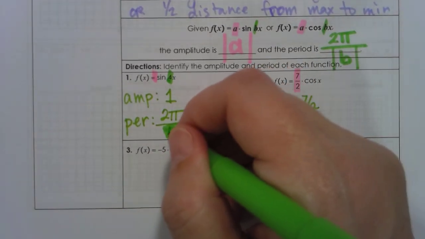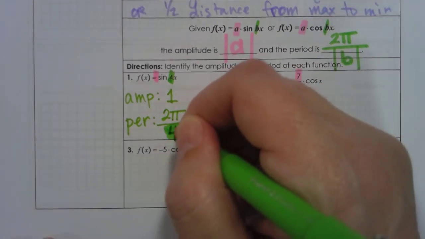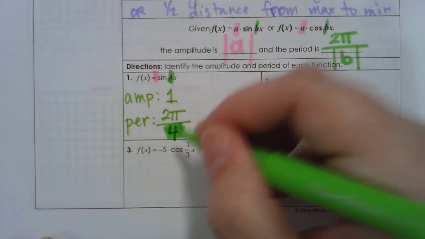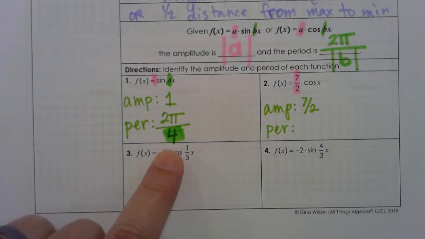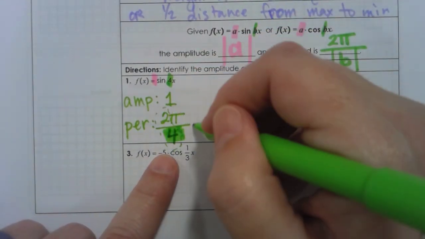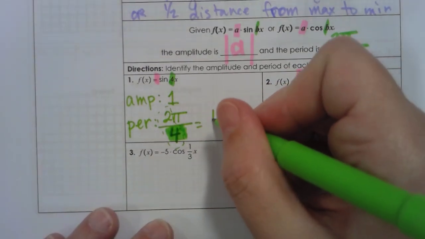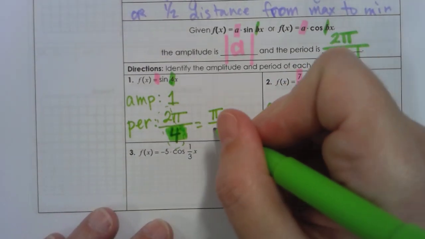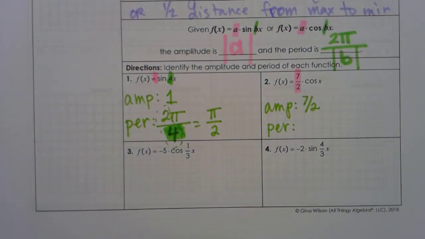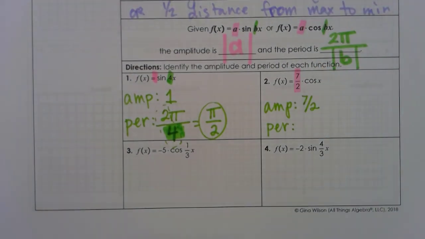So this 4 is going to go down here underneath the 2 pi. And then we're just going to do a little bit of simplifying. 2 divided by 4 is the same as 1/2. So this would be 1 pi divided by 2 for our final answer.